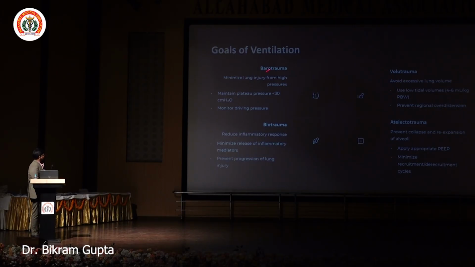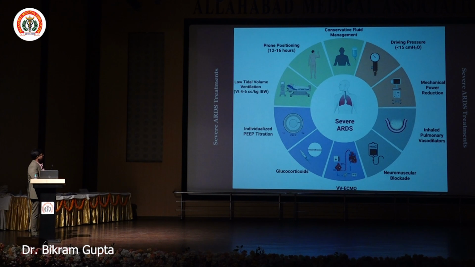So always make your goal of ventilation to reduce ventilator-induced lung injury. Always try to prevent barotrauma, volutrauma, biotrauma, or atelectrauma. These are the major important domains of ARDS treatment.